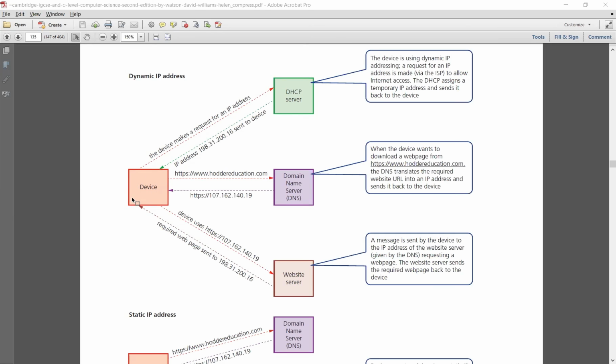And once I'm connected to the internet, I'll connect through the DNS server to the required website address. So this is again the same thing. I opened my system, I connected to the internet. The DHCP server's job is to send me an IP address. The IP address is going to be actually connecting the device to the internet. And then you have typed in the URL. The URL will be searched through the DNS server.